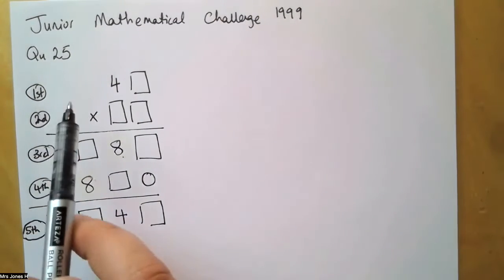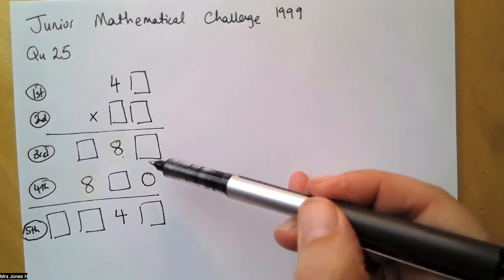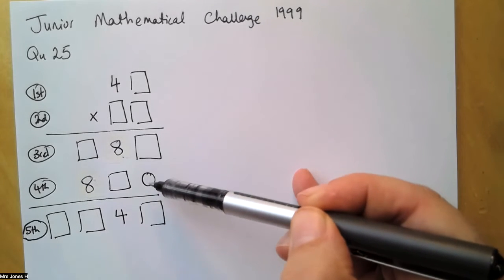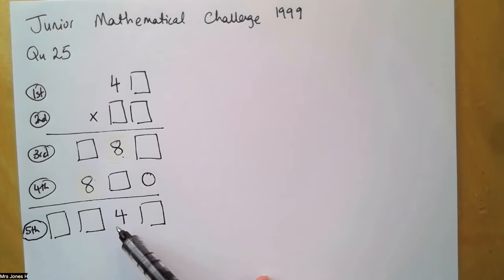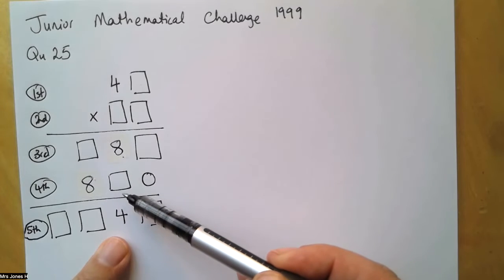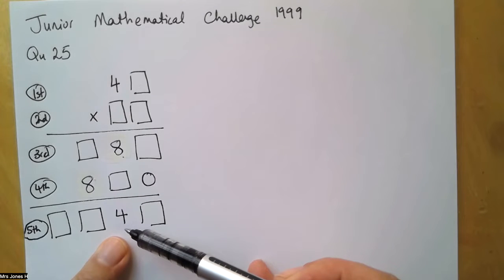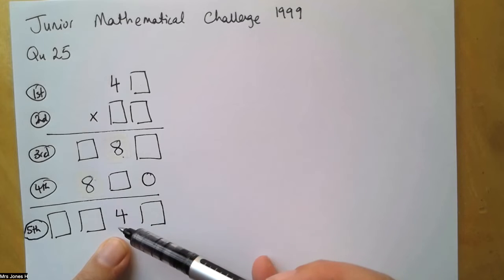So I have started by copying out with the gaps, and I've labelled them with their rows. We know that there can't be a carry. When you add a 1-digit number and a 0, there's no carry onto the 4. So therefore we're adding 8 plus something, which is going to equal 4 or 14 or 24.